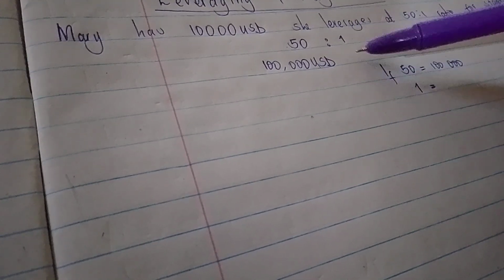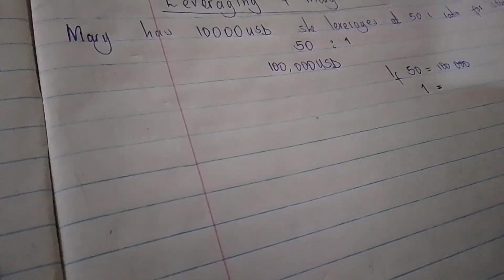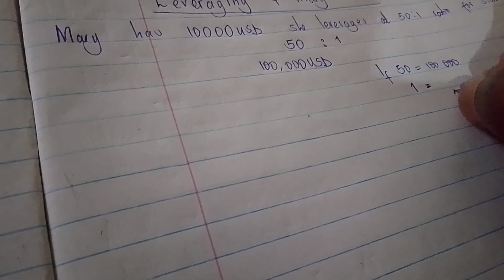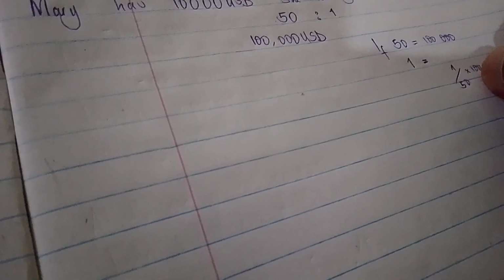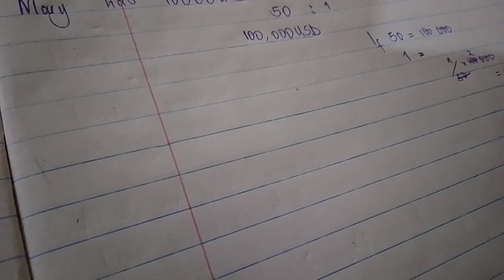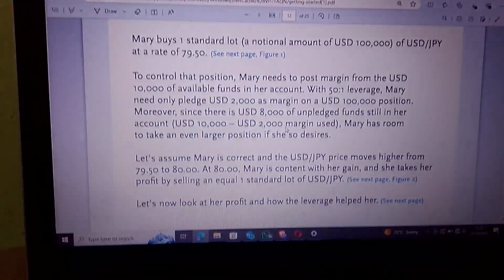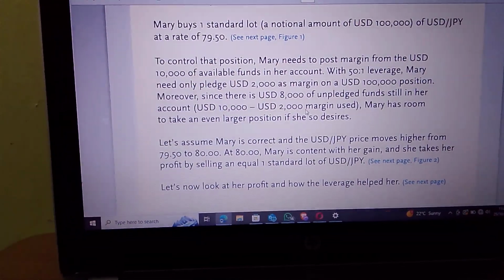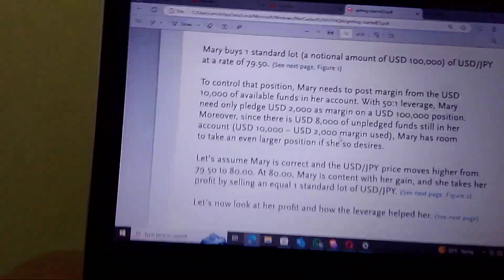So how much will she need to represent these 100,000 units? So she'll need 1/50 of that 100,000, which in our case is $2,000. So she'll use 2,000 USD for a position of 100,000.